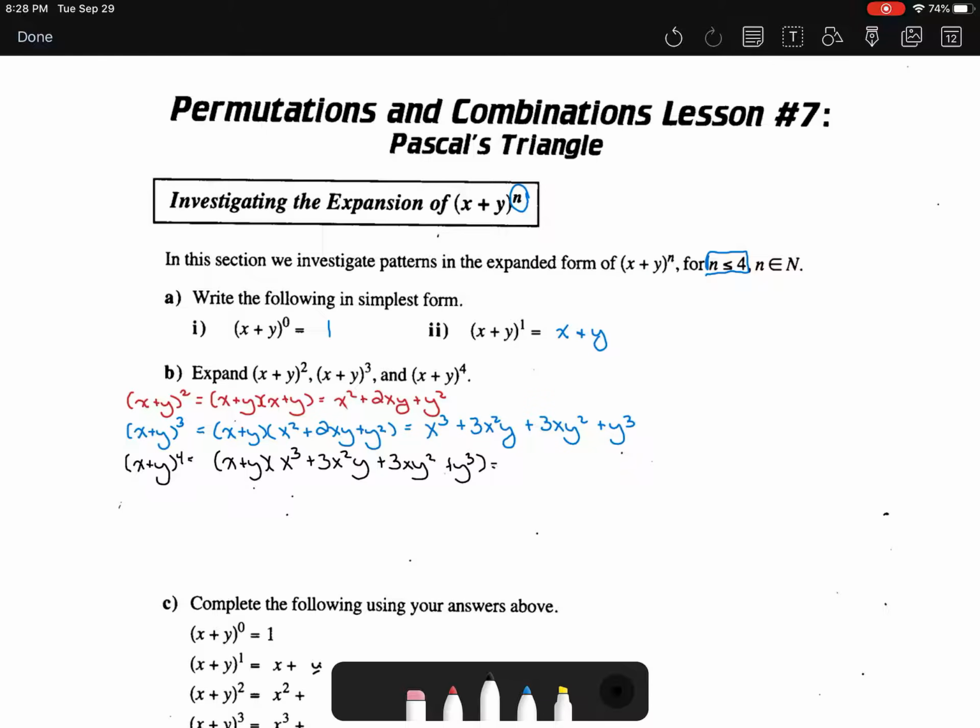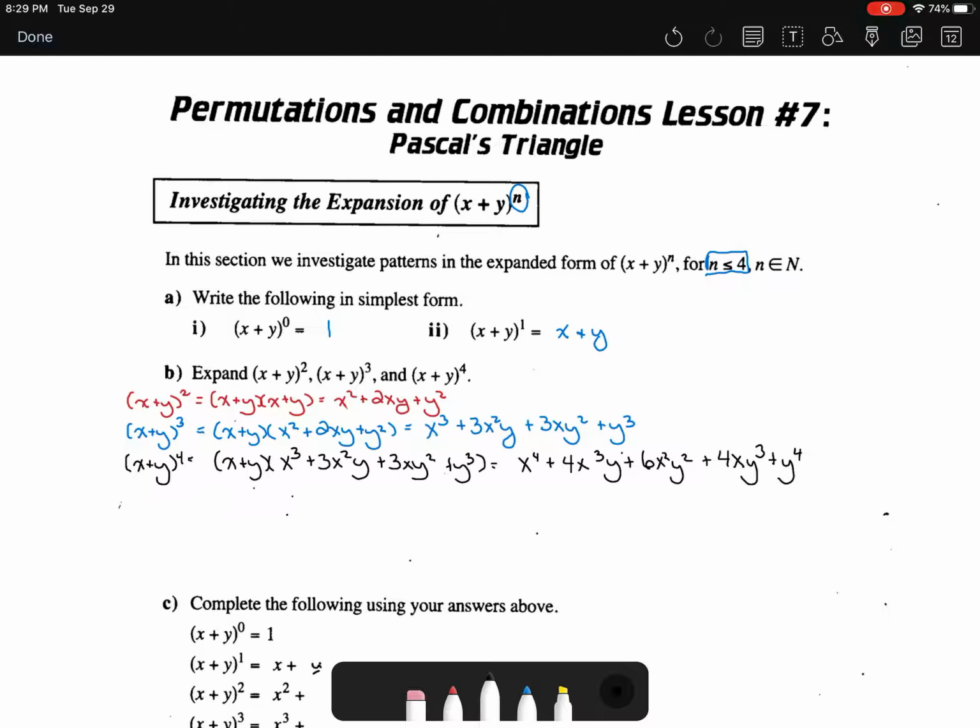So again, taking the first x in the binomial and distributing it to every term in the second bracket, and then taking the y in the first binomial and distributing it to each term in the second bracket, collecting my like terms, I will end up with x to the exponent of 4 plus 4x cubed y plus 6x squared y squared plus 4xy cubed, plus y to the exponent of 4.